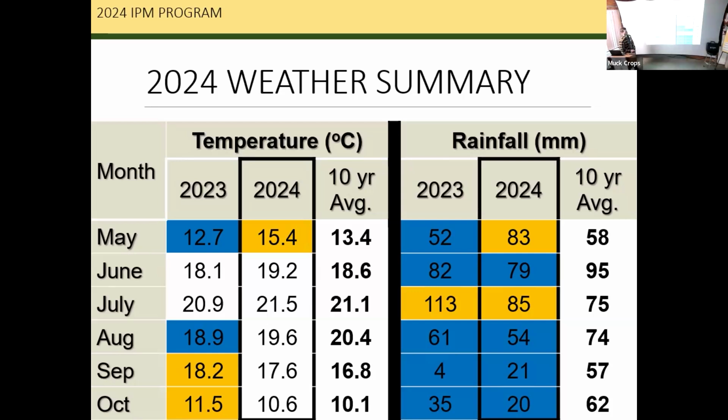And then we also had quite a bit of rain in July as well. And then the rest of the season was quite dry. So we all know we had a bit of a drier fall. The wetter start to the year was very good for plant health, but it also made conditions good for diseases to develop as well.